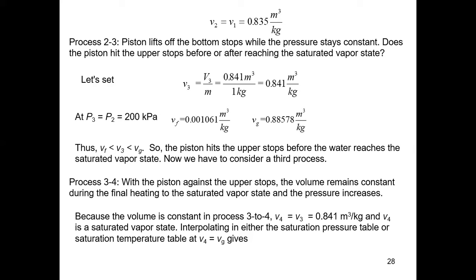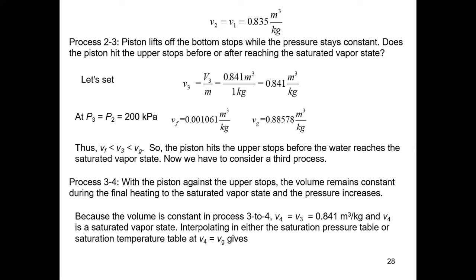Does the piston hit the upper stop before reaching the vapor state? Let's set V3, capital V3 divided by m, which is 0.841. Now at pressure 200 kPa, Vf is 0.001, Vg is 0.88. Again, V3 is between Vf and Vg. Piston hits the upper stop before the water reaches saturated vapor state.